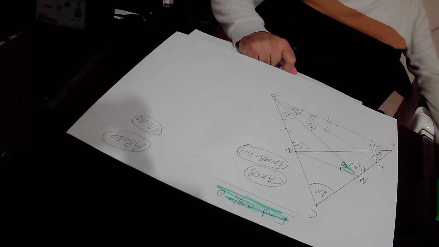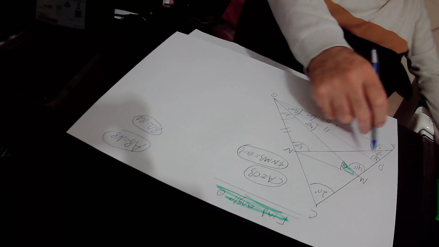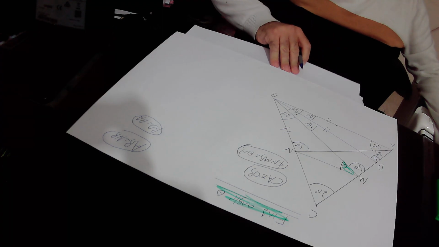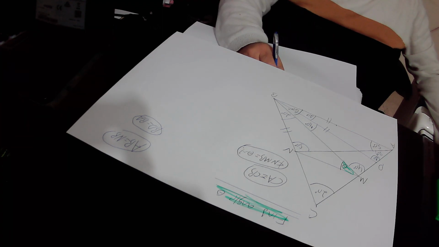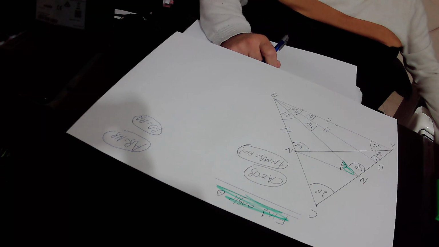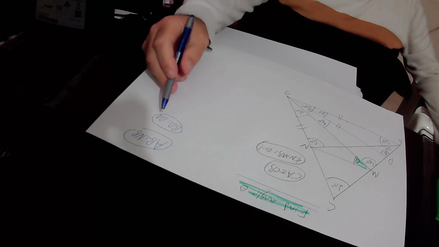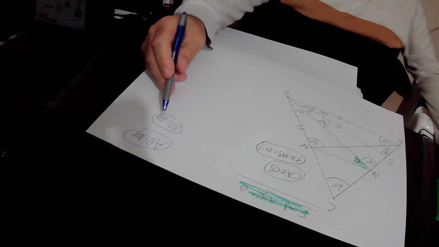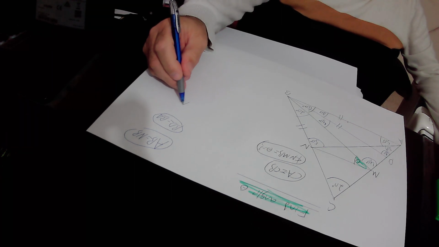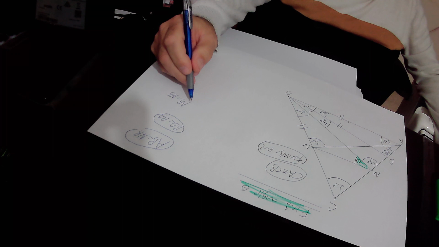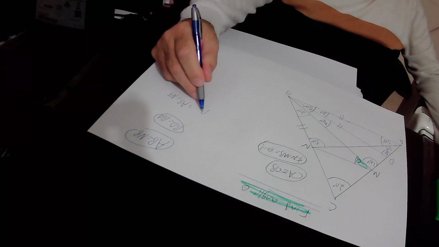Okay, in the next step, we focus on triangle DMB. But before that, we have here two equations. From one side, AB equals NB. From the other side, AB equals BD.